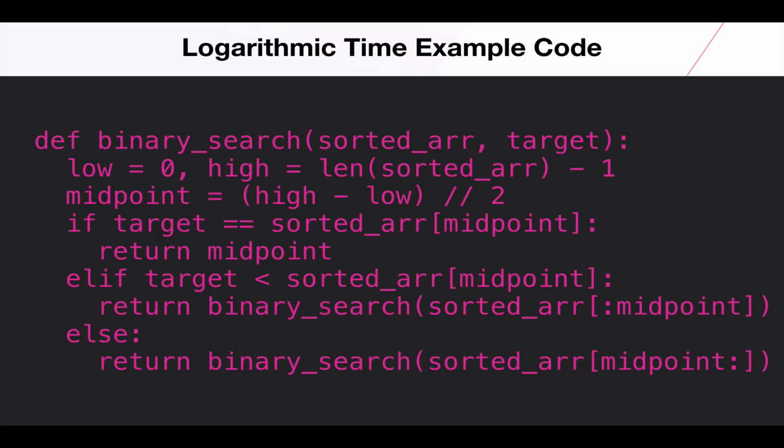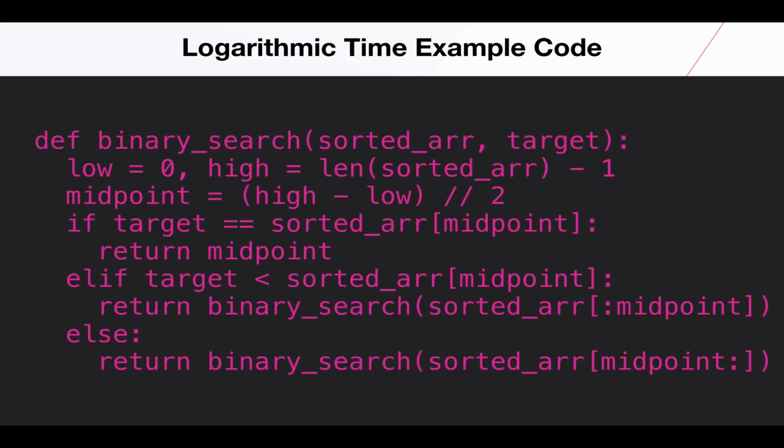Here's some pseudocode for a binary search algorithm that receives a sorted array, where the data is already sorted, and some target element that we're looking for. The way binary search works is we start off by finding the midpoint of our sorted array, and then we compare the element at the midpoint with the target.